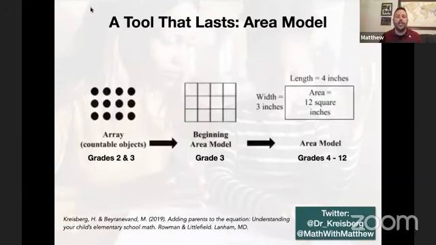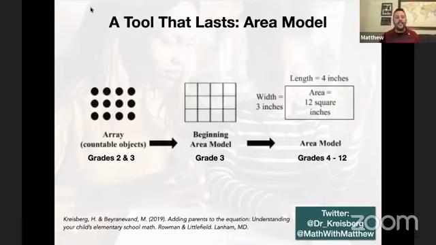What I think is a great thing to see, and I want to share with you, is how different ideas in mathematics can be transferred from the lower elementary level up to middle and high school. One of the things I always hear parents say is, why do I have to use the area model? Why do I have to do arrays? I could just do the quick methodology.